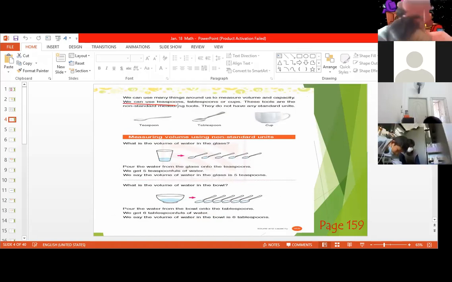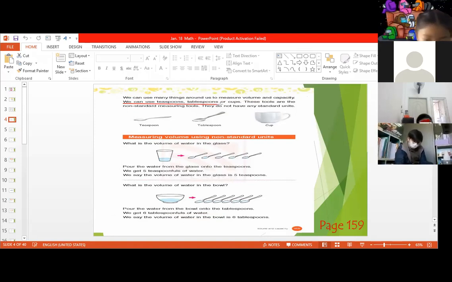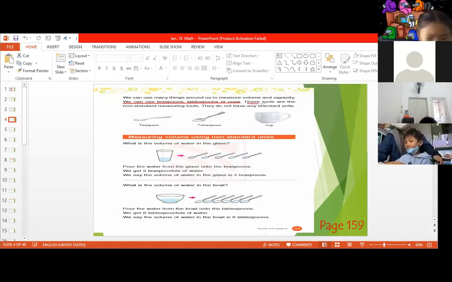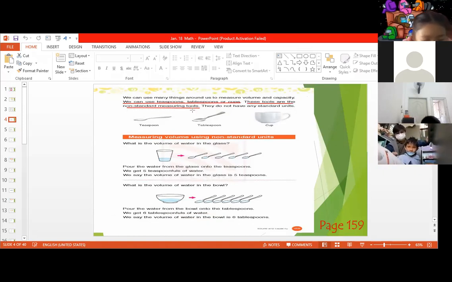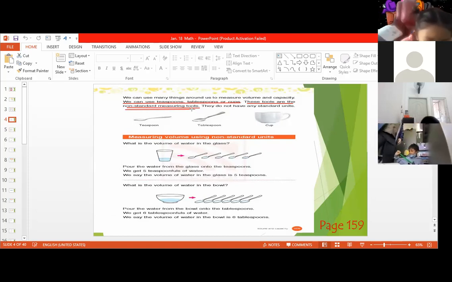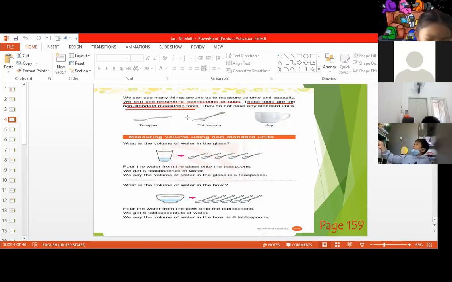We can use teaspoons, tablespoons, or cups for measuring volume and capacity. These tools are the non-standard measuring tools. It's not liters, not milliliters, not ounces, so you call that non-standard measuring tools.